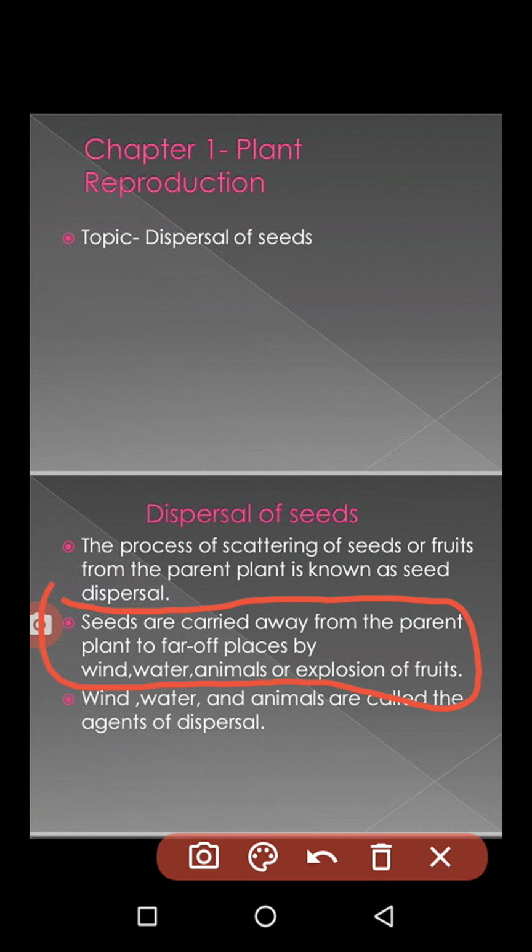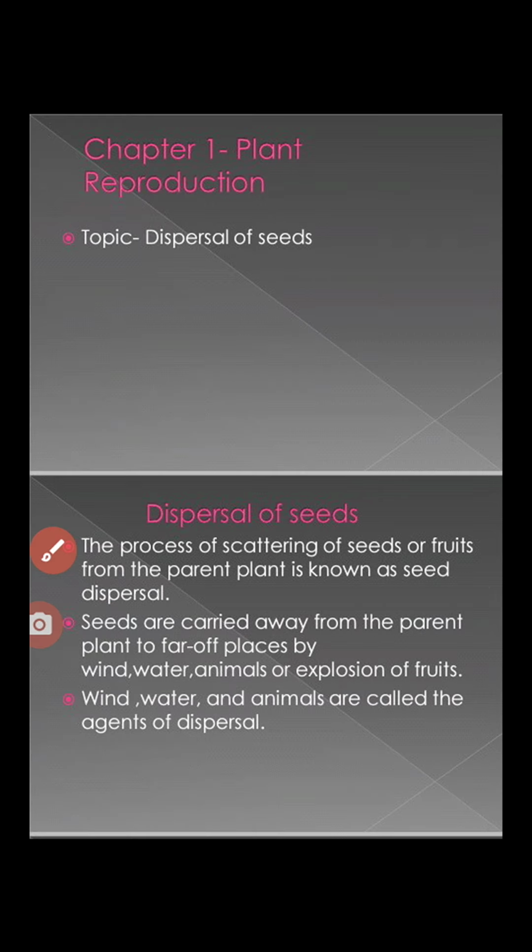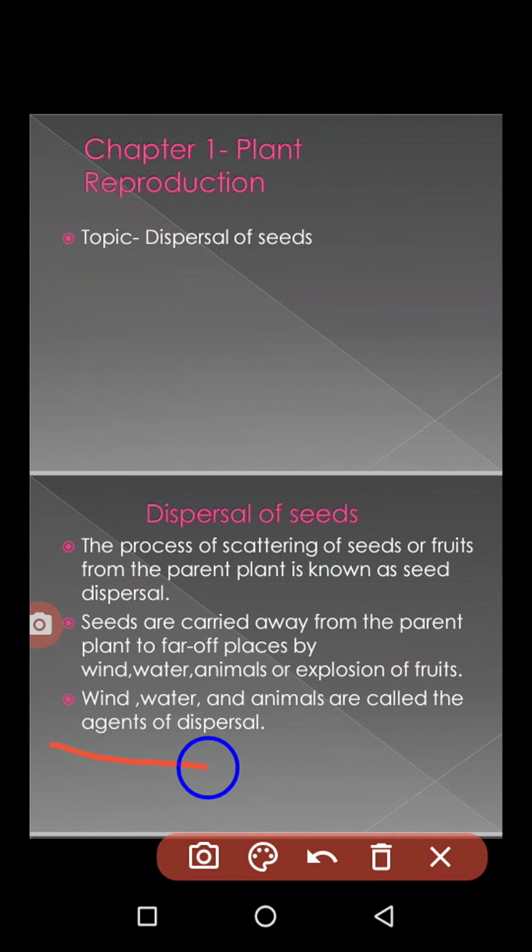Seeds are carried away from the parent plant to far off places by three things: wind, water, animals, or explosion of fruits.